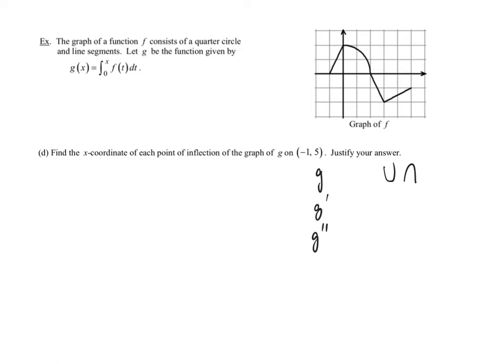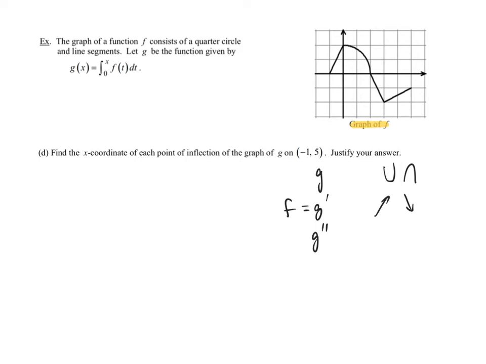This means that the derivative of g prime would have to change from increasing to decreasing, or vice versa. And recall from earlier in this problem that g prime was equal to f, and we have the graph of f right here.